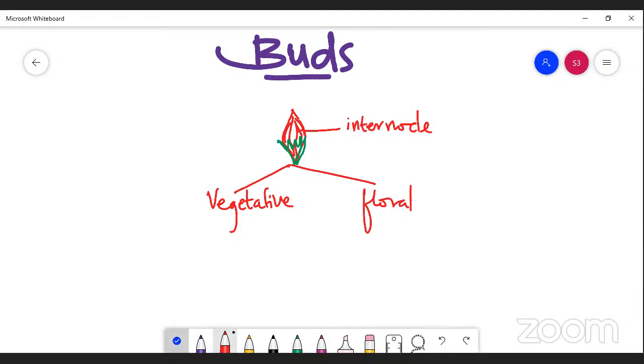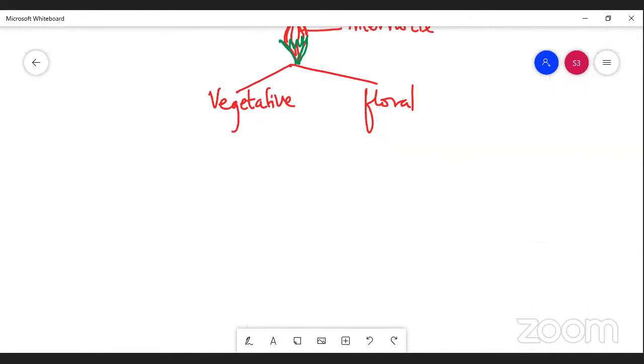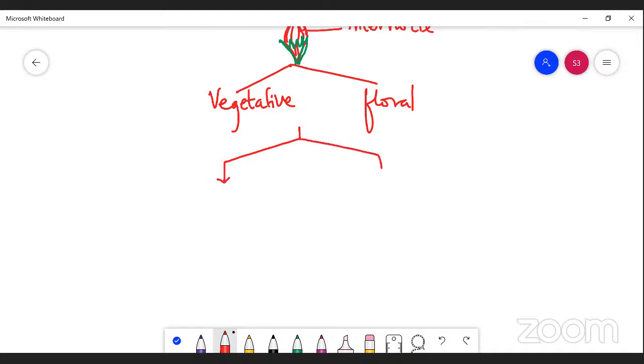The next classification is based on origin. I'm talking about the classification of buds, the second criterion.